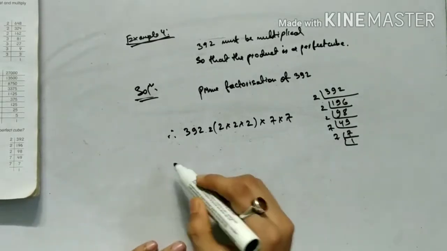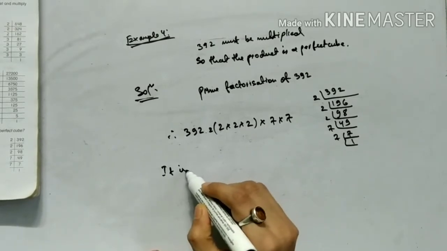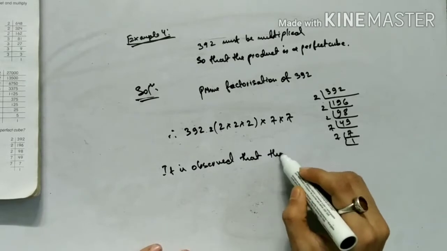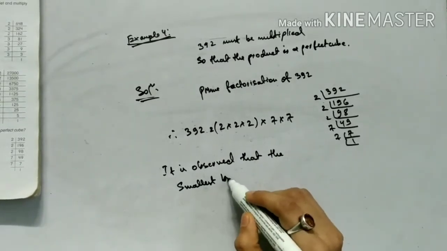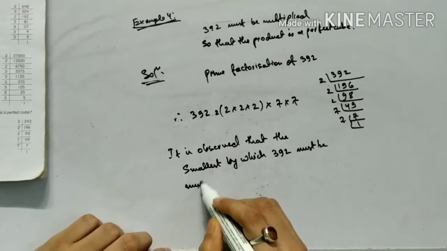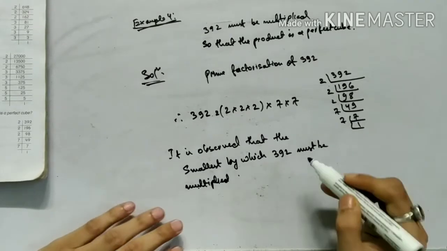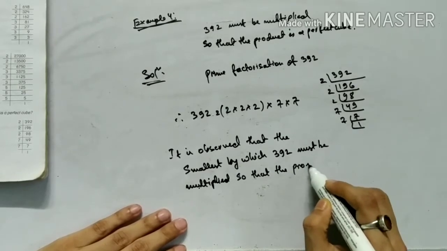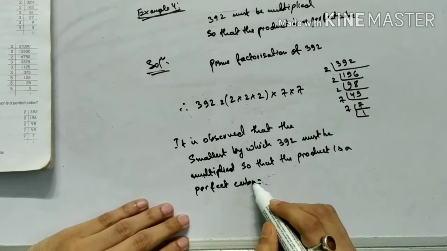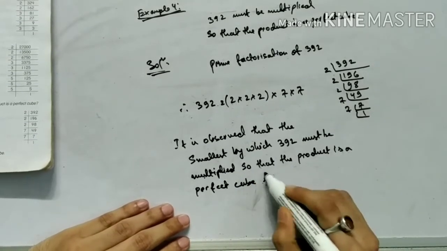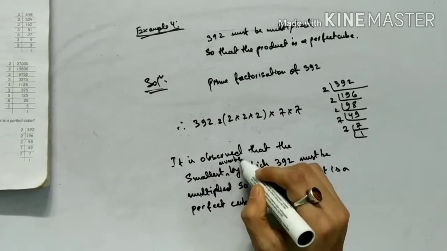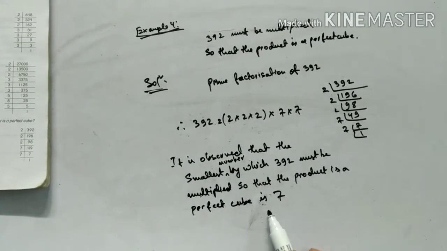So you can write: it is observed that the smallest number by which 392 must be multiplied so that the product is a perfect cube is 7.